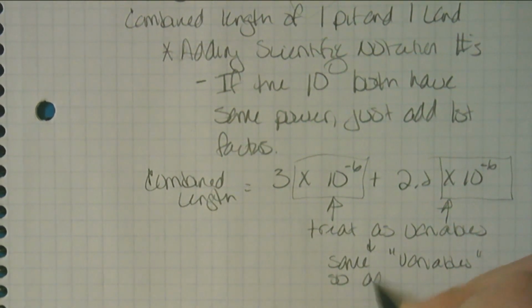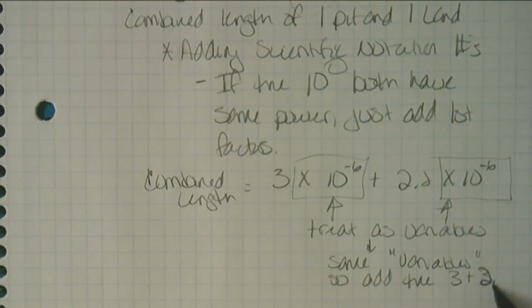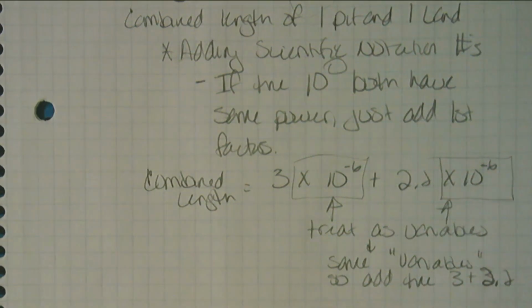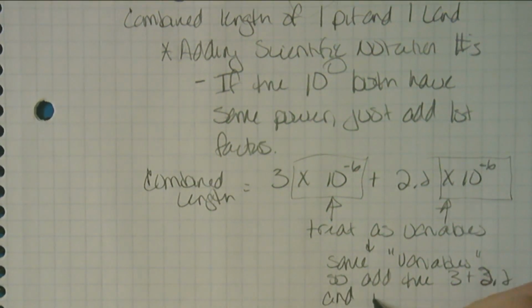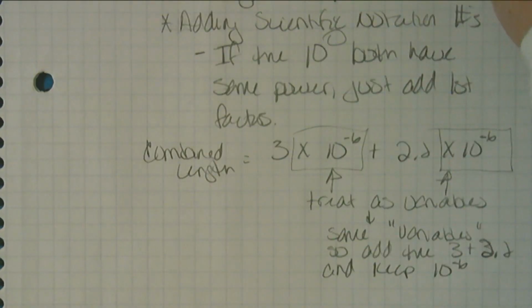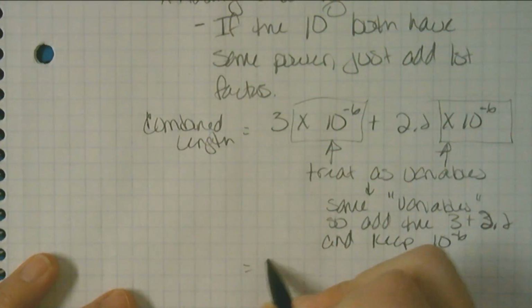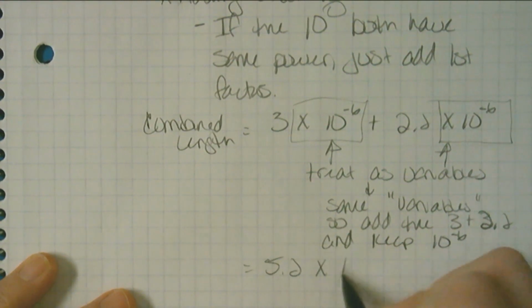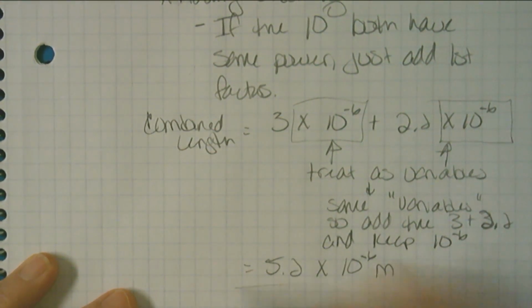So add the 3 plus the 2.2 and keep that 10 to the negative 6th. So when I do that, I end up with 5.2 times 10 to the negative 6 meters.